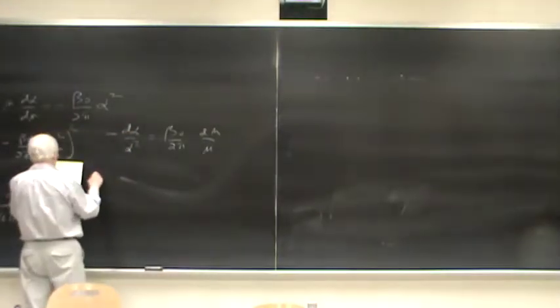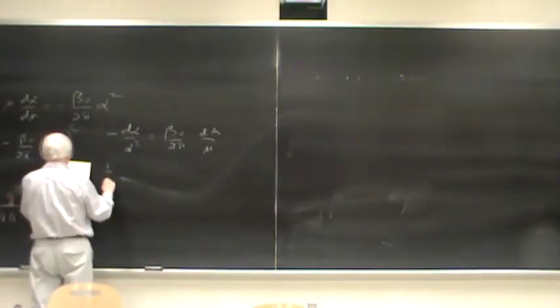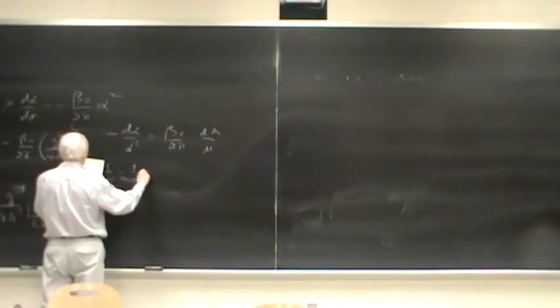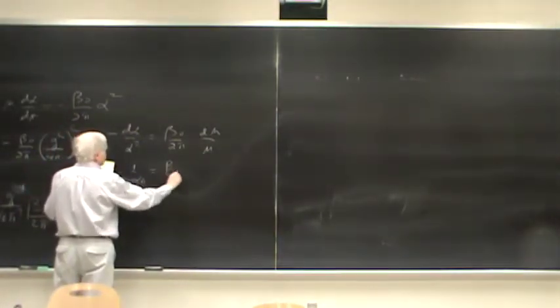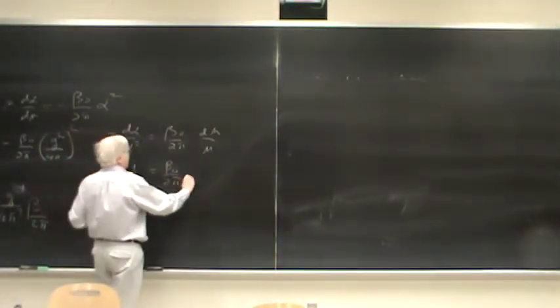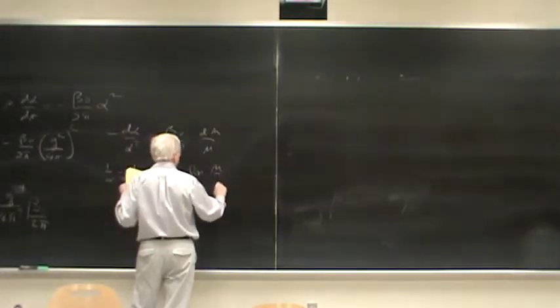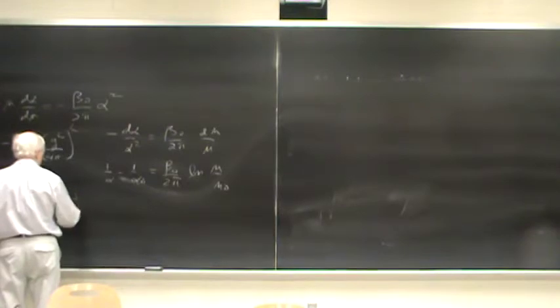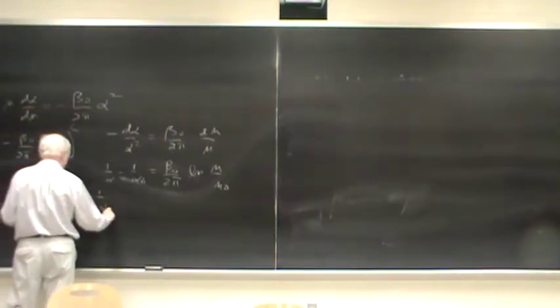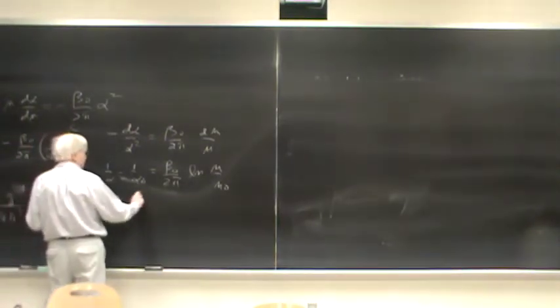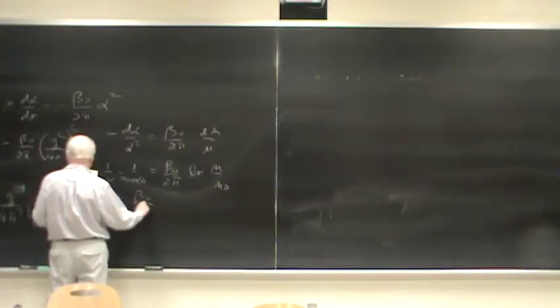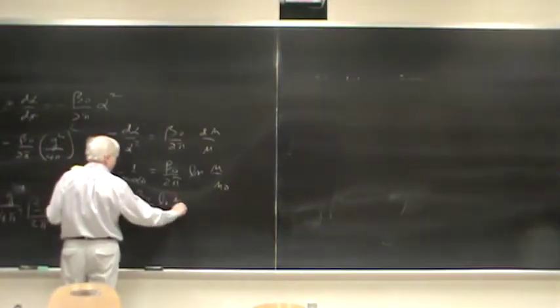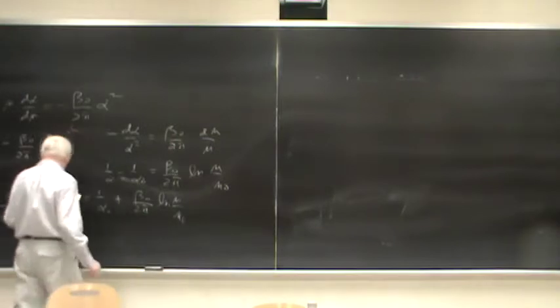We integrate that and we get 1 over alpha minus 1 over alpha 0 equals beta 0 over 2 pi natural log of mu over mu 0. This tells us that 1 over alpha is equal to 1 over alpha 0 plus beta 0 over 2 pi log mu over mu 0.